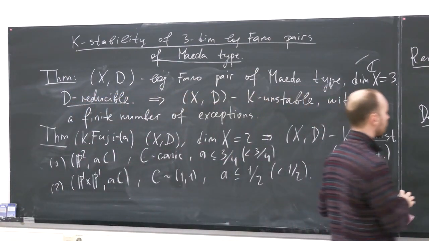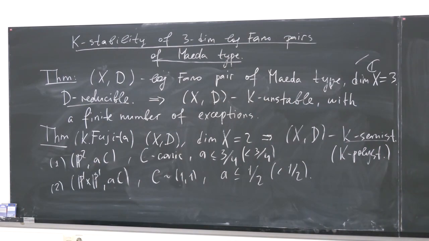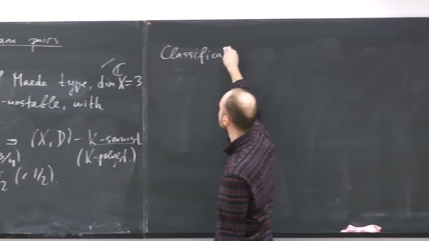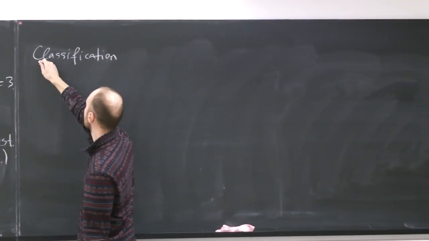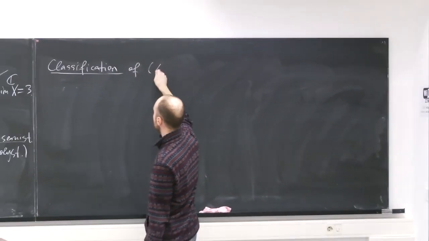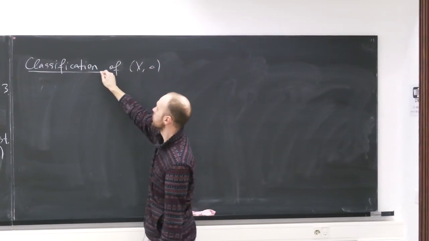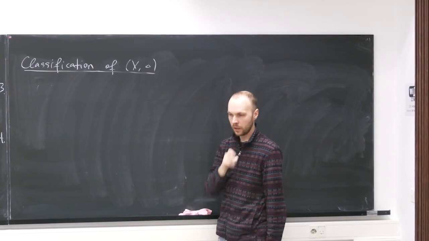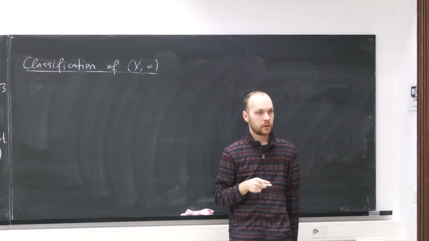Okay. Now let me say a couple of words on the classification of such pairs. So how to obtain such a classification: classification of log smooth log Fano pairs (X, Δ) in dimension 3.